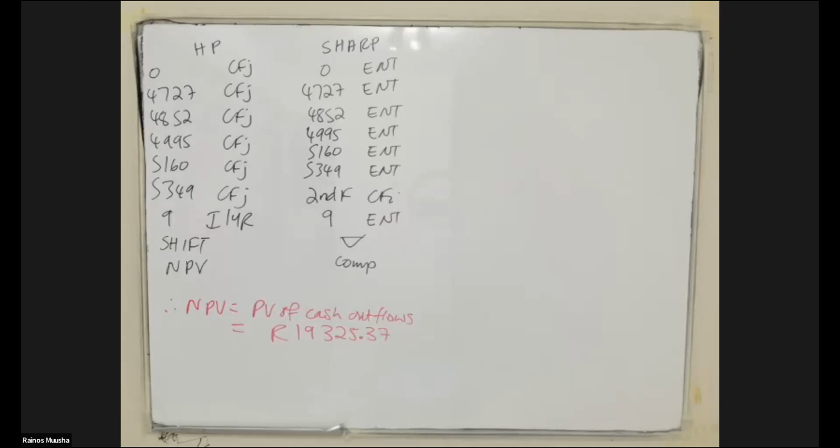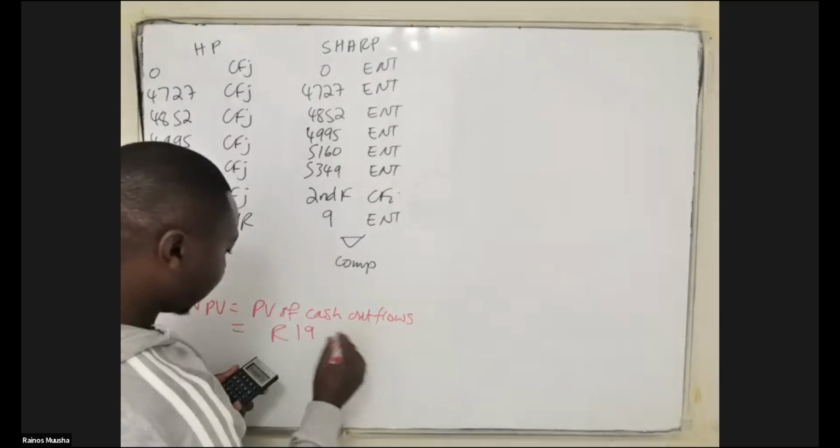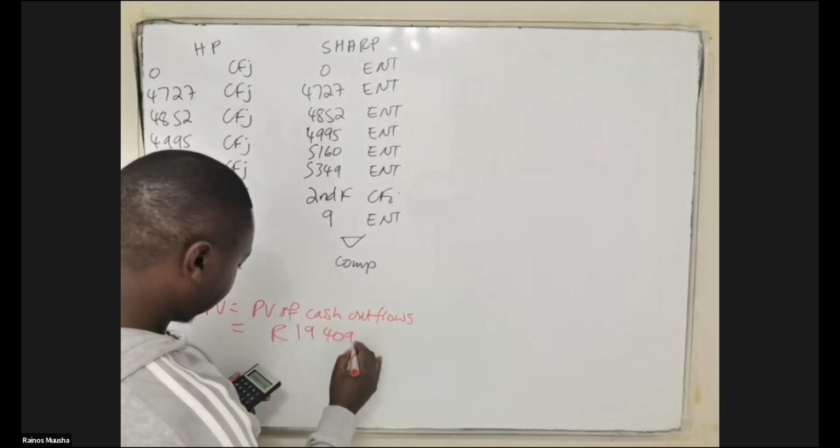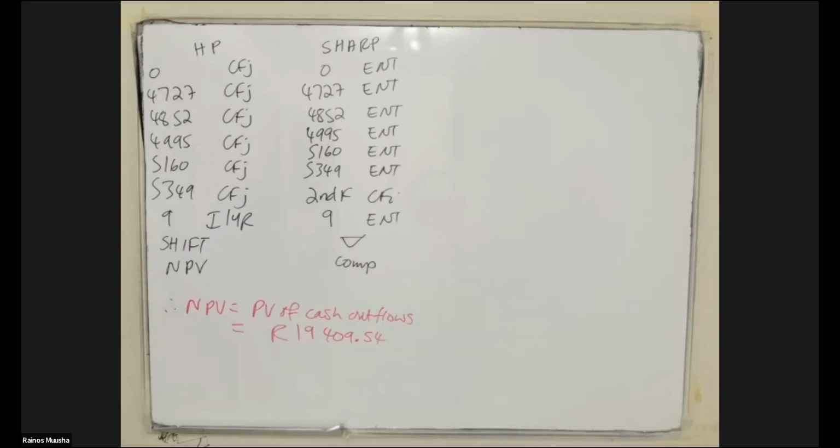You got how much? 19,409, is it? Yeah. Yes. Yeah, it should be 19,409.54. I got the same also. Okay, so it will be 19,409.54.